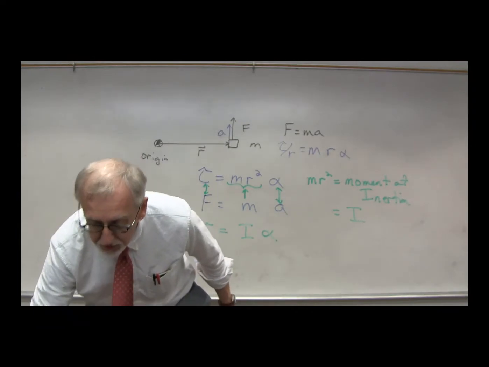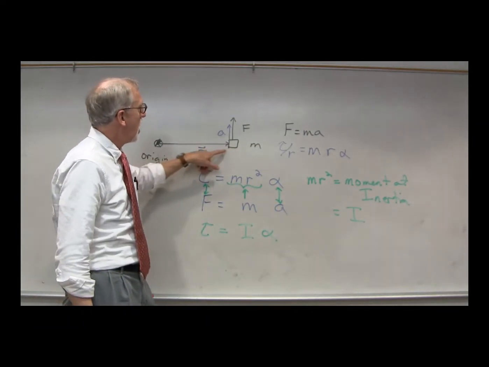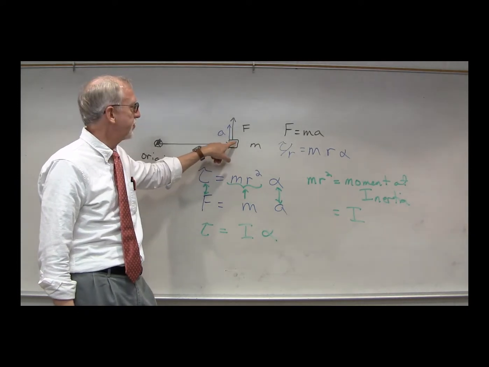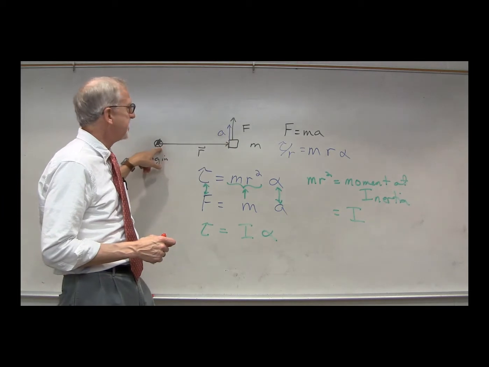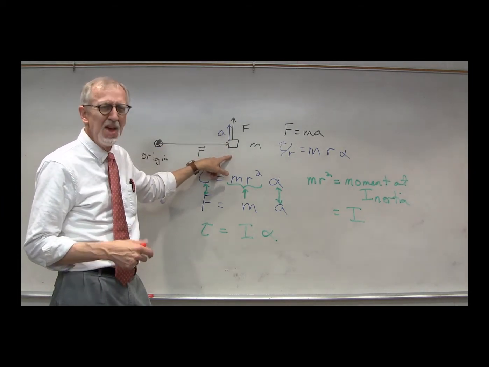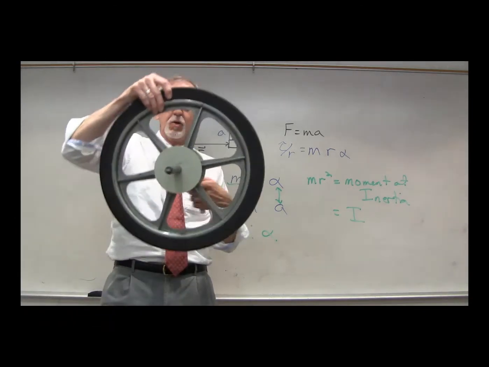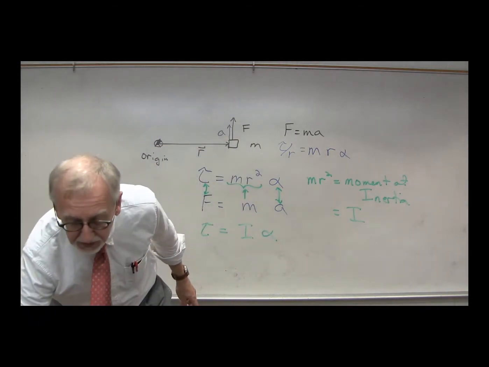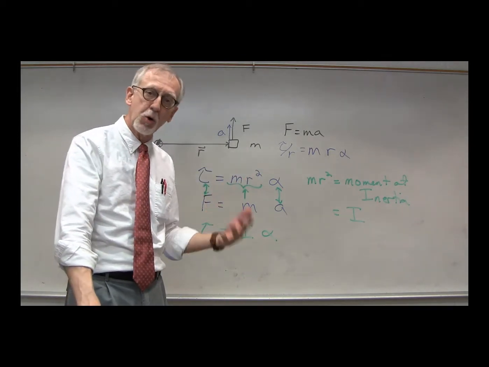Now, the moment of inertia depends on two things. Well, first of all, r, this is just the moment of inertia for one small mass. So a small mass, some distance r from the origin. Now, if we've got a more complicated system, like this wheel or this pen or something, the mathematical form for determining the moment of inertia is more complicated.